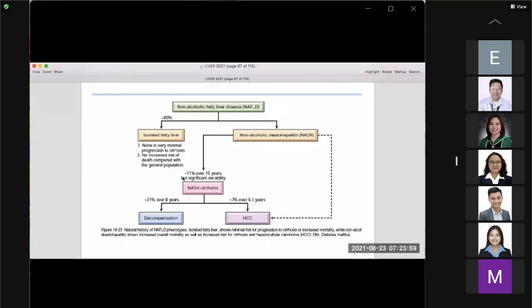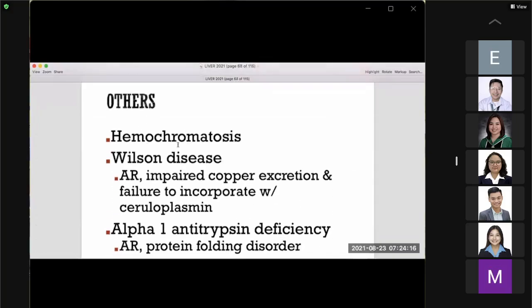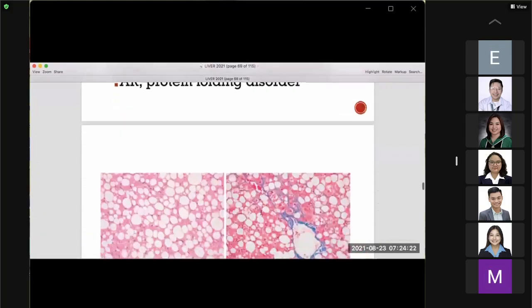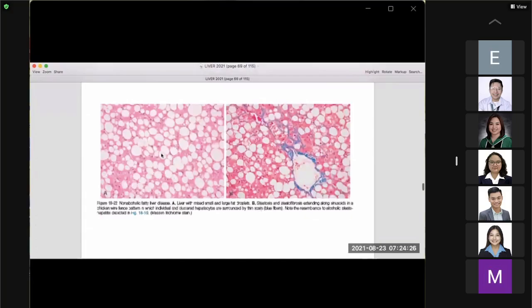So on this pathway, NASH cirrhosis can have decompensation that would happen in the patient, or it can lead to hepatocellular carcinoma. We have other conditions like hemochromatosis, Wilson disease, and alpha-1 antitrypsin deficiency.